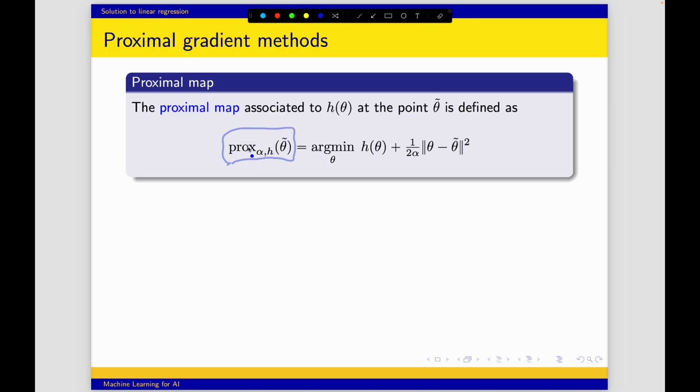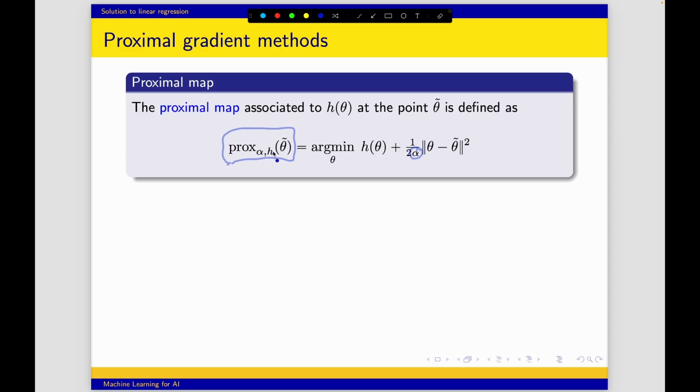Here h is the function that we associate this proximal map to. We can have a proximal map for a particular function, and h is the particular function we're interested in here. Eventually this will be our one norm, and it contains a parameter alpha, which is this alpha here. So we indicate the value of that alpha here in the notation for the proximal map.